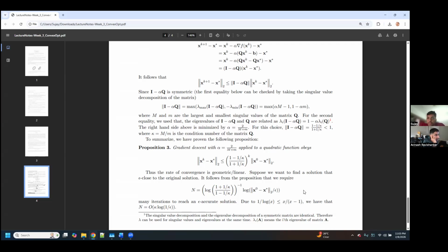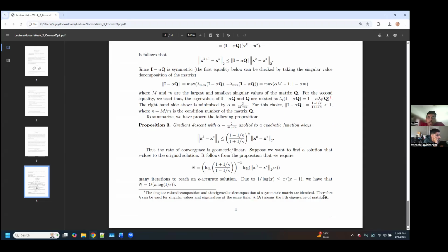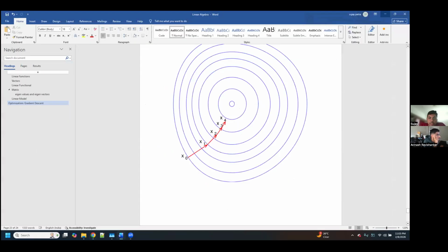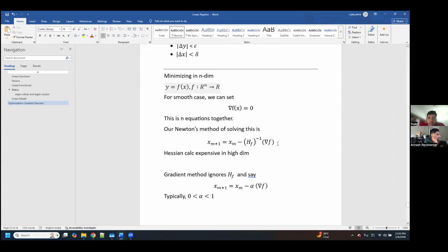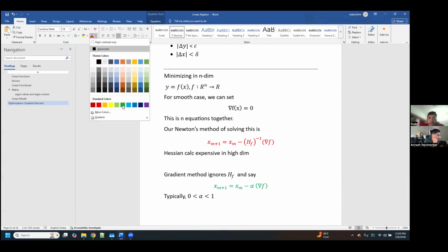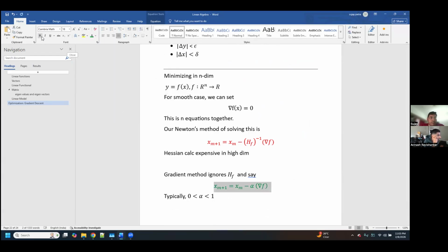Anything else on this topic? There are other topics on this, for example, the Newton's method that we discussed. So, this thing, right? This is the Newton's method in higher dimension. And this is the gradient method. With the gradient method, you're totally ignoring the Hessian, which may not always be a good thing.